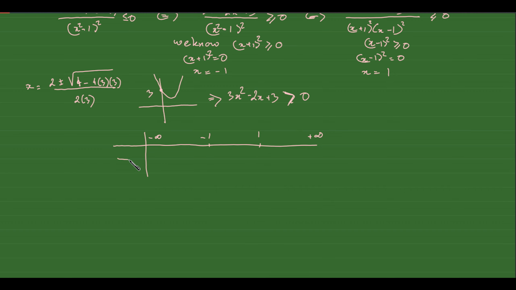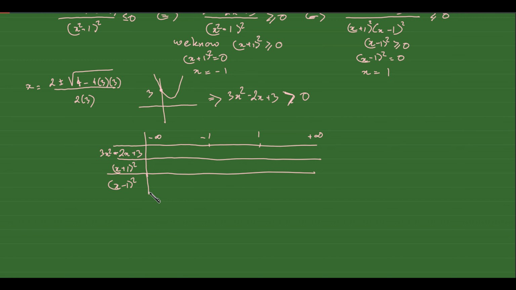But I'm gonna just divide it into 3 parts. The first part, I'm going to put the top. Then I put the x plus 1 squared. Then I'm going to put the x minus 1 squared.